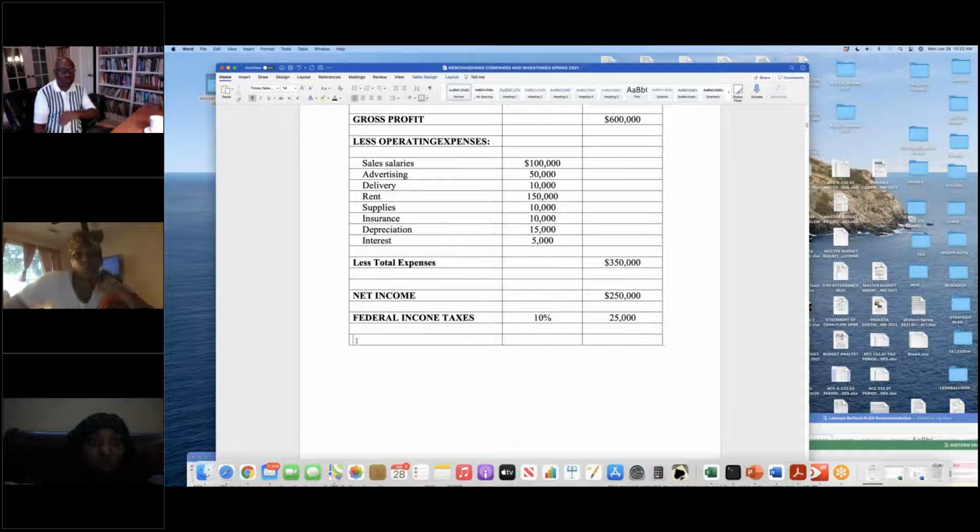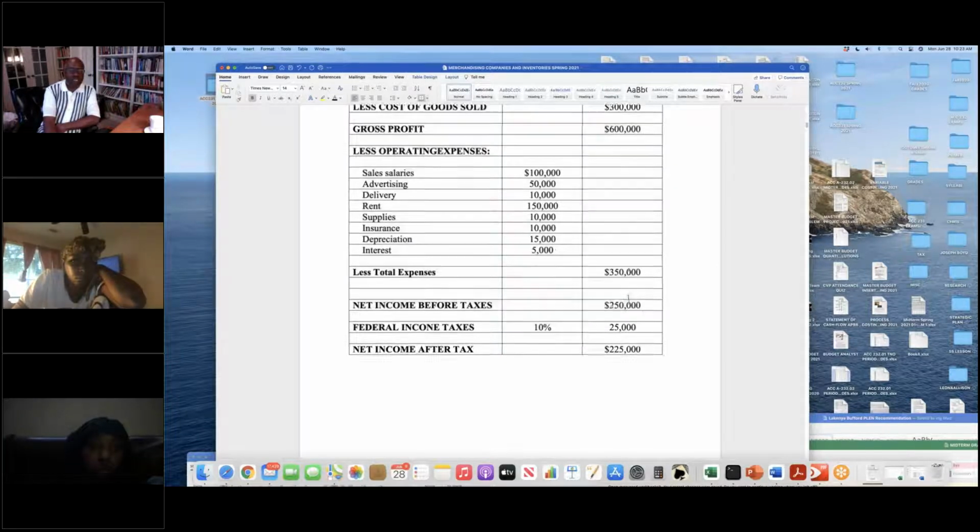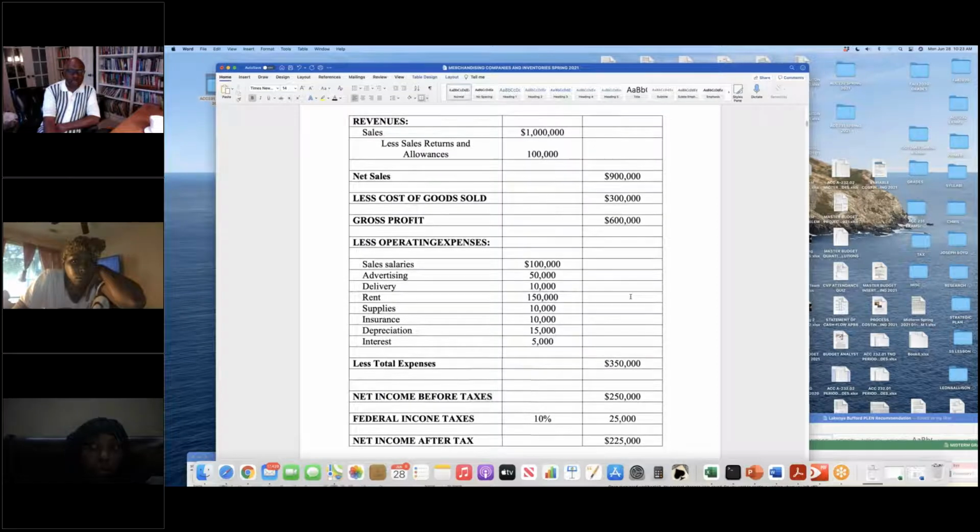So our net income after tax is going to be $225,000. So this is the net income before taxes. So this is how your income statement should begin to look on the problems that you're submitting.